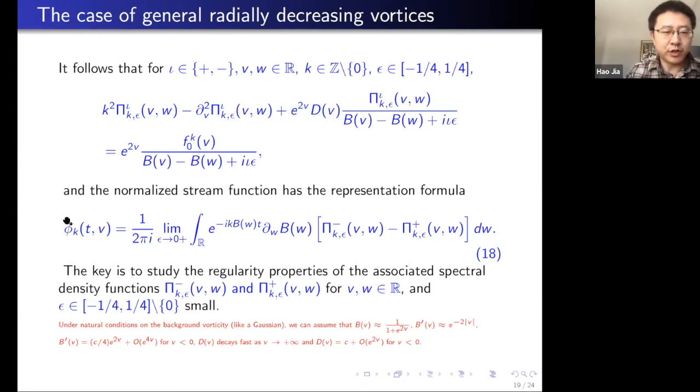For example, if we want to get a quadratic in time decay of the stream function, we just have to take a derivative, integrating by parts twice in this formula in W, with respect to the spectral parameter. So basically we have to understand the behavior of two derivatives in W of this formula. Again, because it's a linear problem, everything can be reduced to the study of the spectral density function. And the spectral density function satisfies this nice equation.